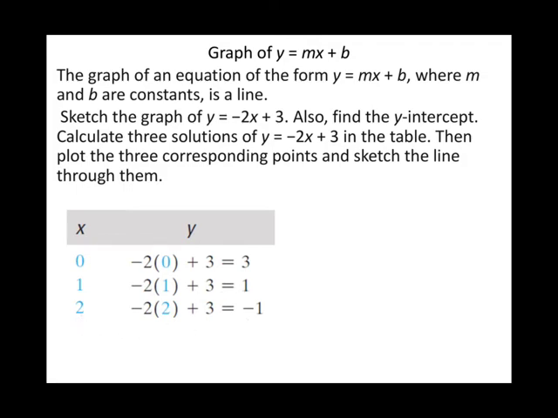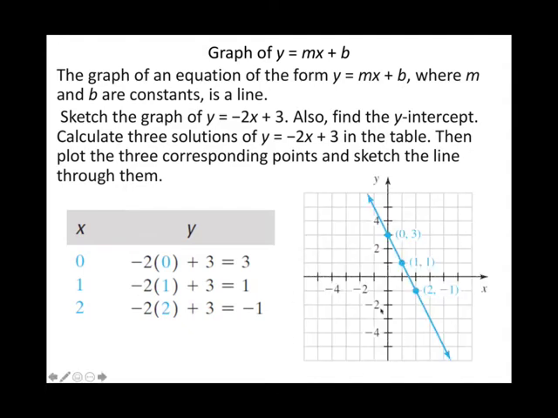I want you guys to put these 3 points into the coordinate system and try to connect them with a straight line. Okay, you should have the picture looking like this. I have 3 points here, 0, 3, 1, 1, 2, and negative 1.